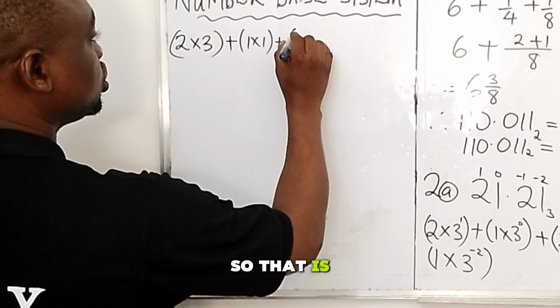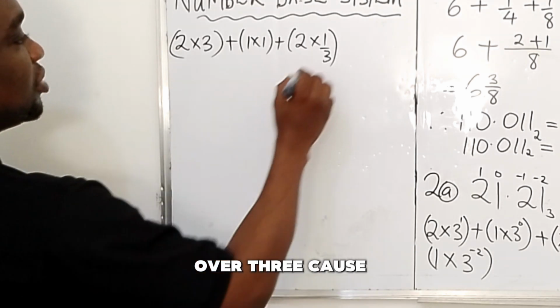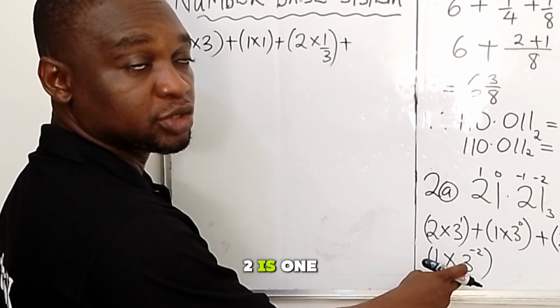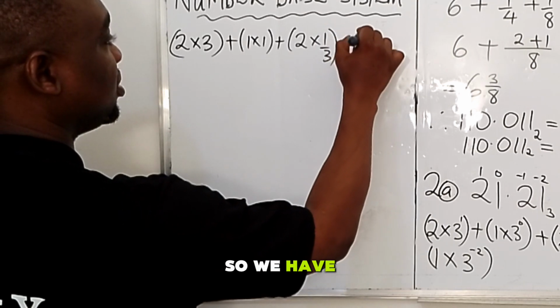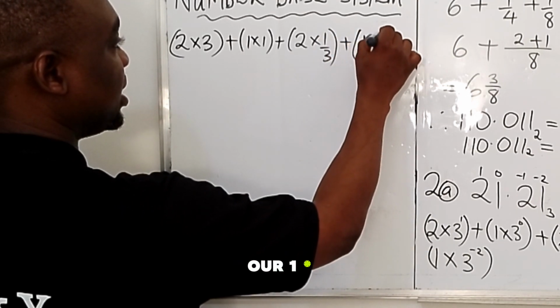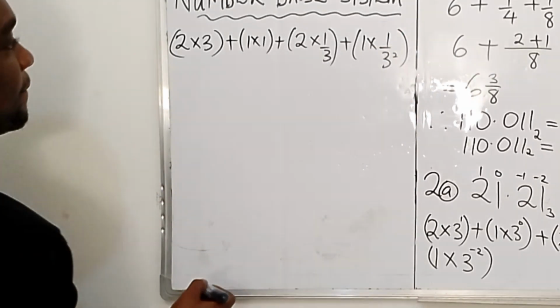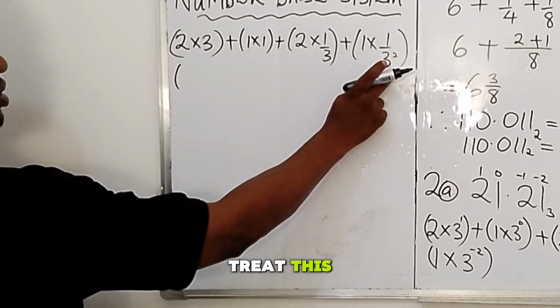So that is 2 times 1 over 3, of course, then plus 3 to power minus 2 is 1 over 3 to power 2. So we have 1 times 1 over 3 to power 2. Let's be patient.